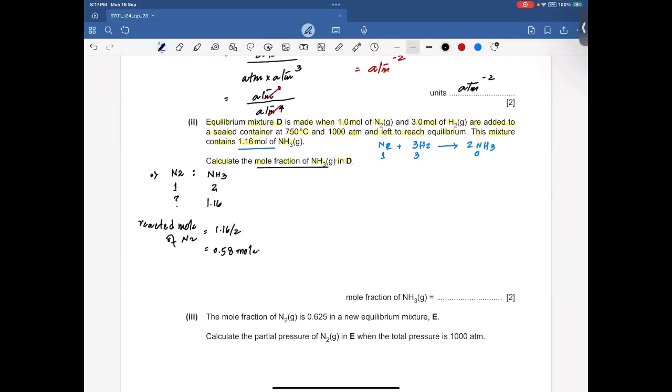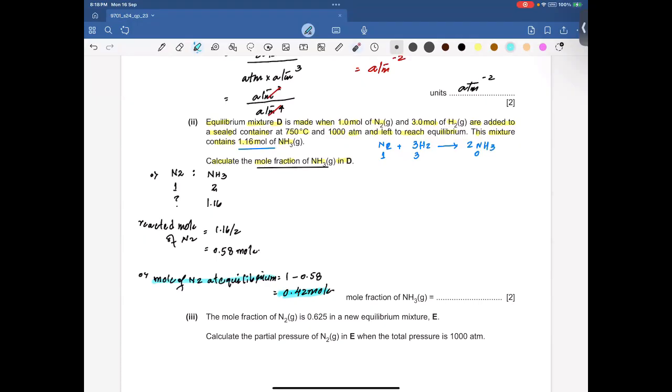These are the reacted moles of nitrogen. If nitrogen initially has 1 mole and reacted is 0.58, how much nitrogen would be present at equilibrium? That's what we need to find out. So moles of nitrogen at equilibrium is 1 minus 0.58. So it's going to be how much? 0.42 moles. So these are the moles of nitrogen molecule at equilibrium.